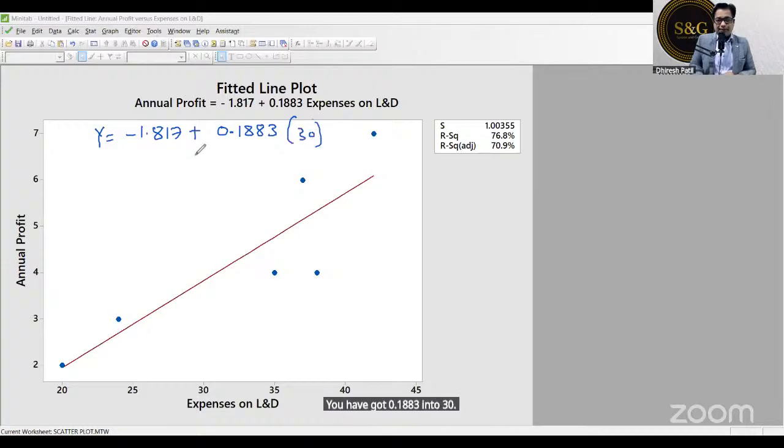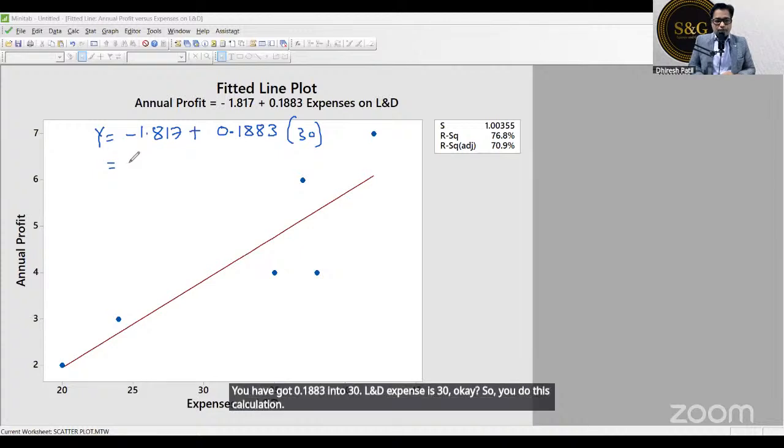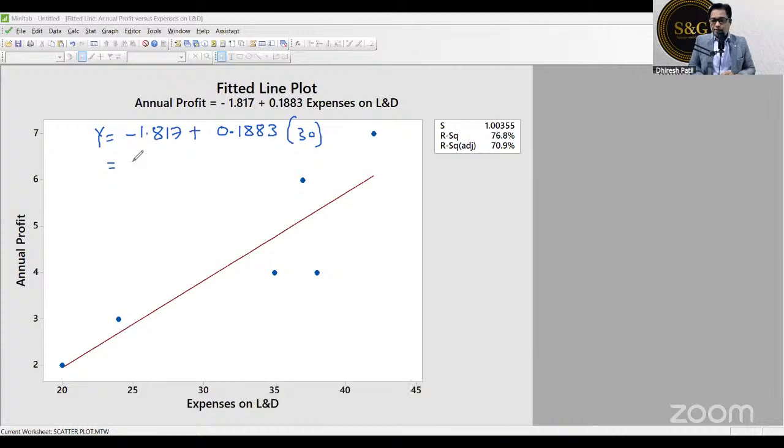L&D expense is 30. So you do this calculation. No, do this calculation first. Do this multiplication first, and then this has to be deducted from there.